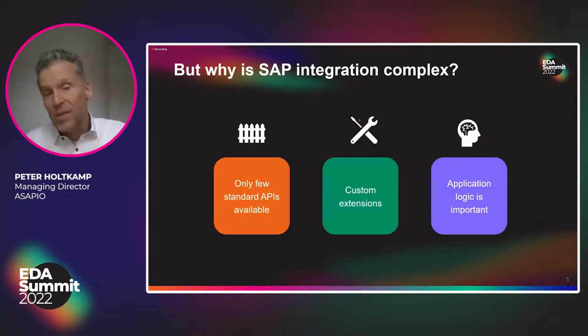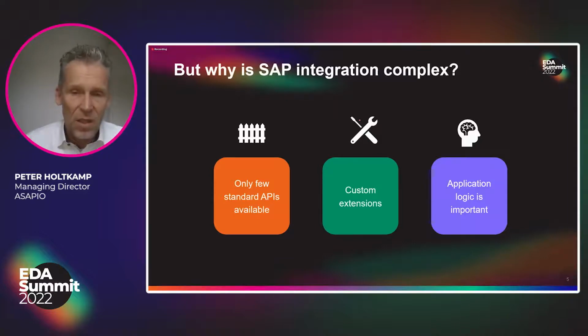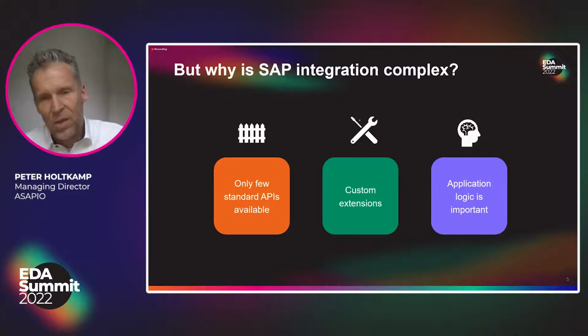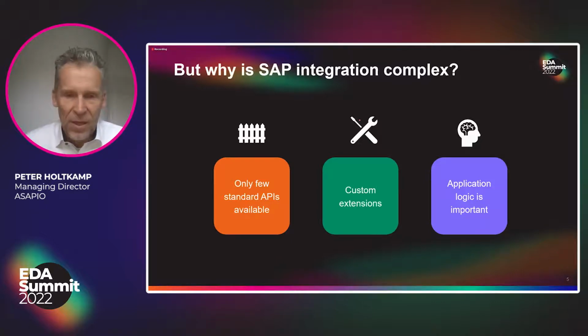You might have some application extensions that have a completely different logic than SAP has in standard. And this has to be facilitated in order to really take the logic to the external server infrastructure. And then, of course, as we said, the application logic itself. We need the logic from the SAP system.